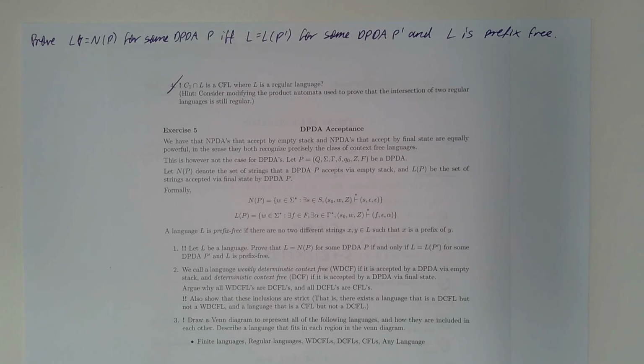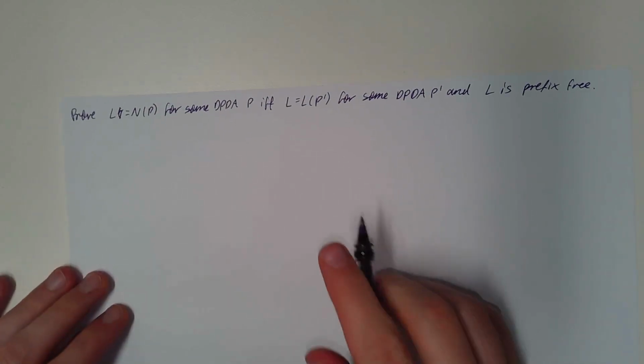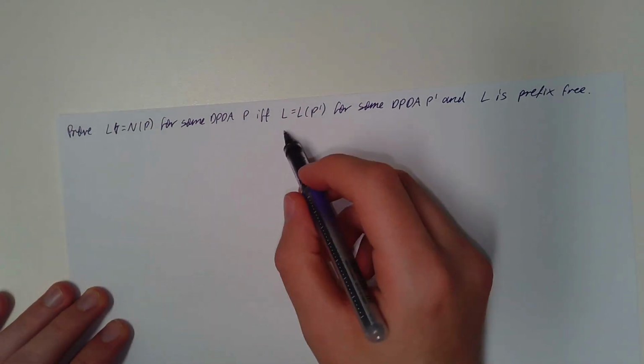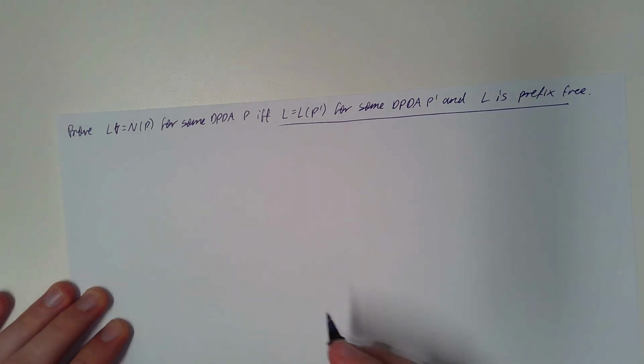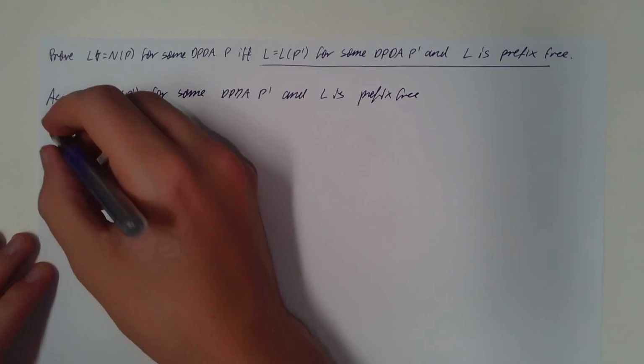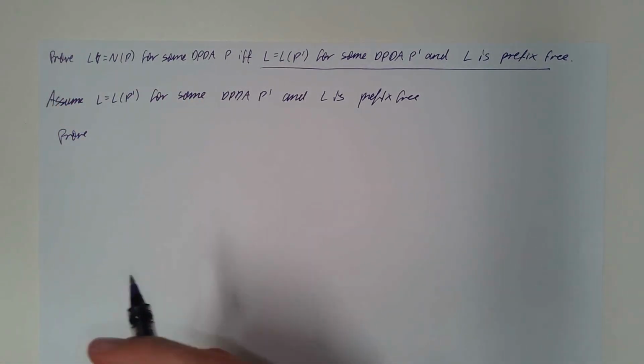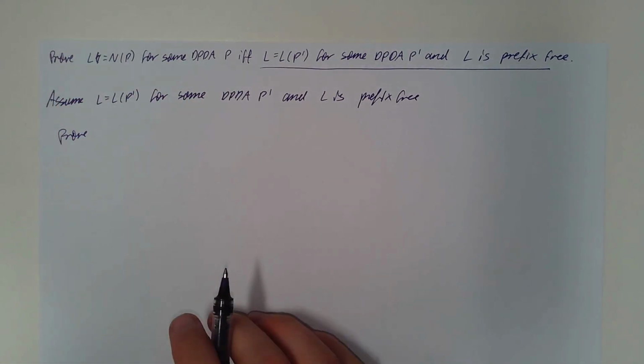Okay? So let's have a go at proving this. So we're first going to assume that the language is accepted by a DPDA by final state and is prefix free. And we want to prove that this language is also recognized by some DPDA by empty stack.